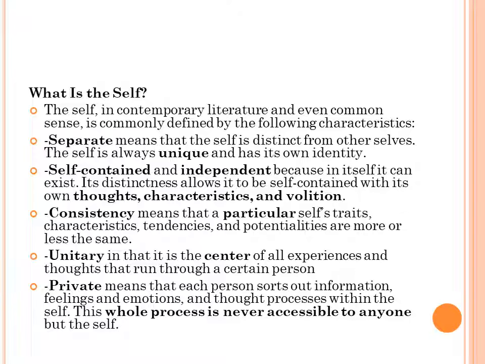Lastly, it is private, meaning that each person sorts out information, feelings, emotions, and thought processes within the self. This whole process is never accessible to anyone but ourselves. I am the one who is responsible for how I feel, how I process things, how I think on things. No one can know that. No one can hear that. We are responsible, and only we are the ones who know it.